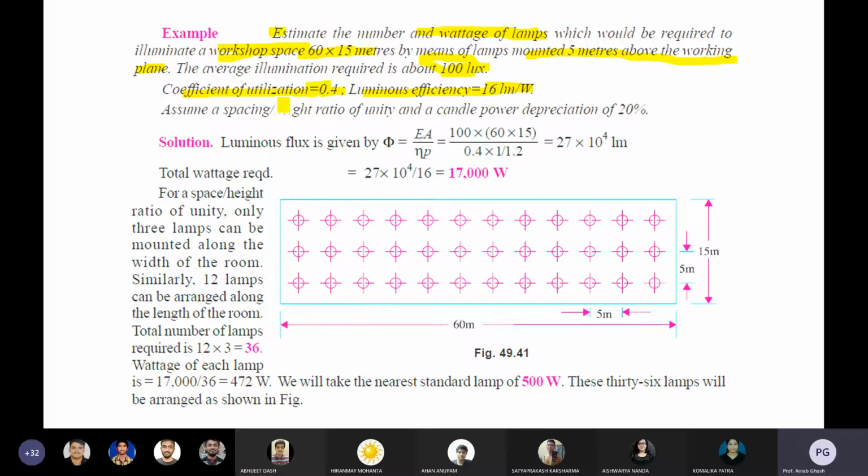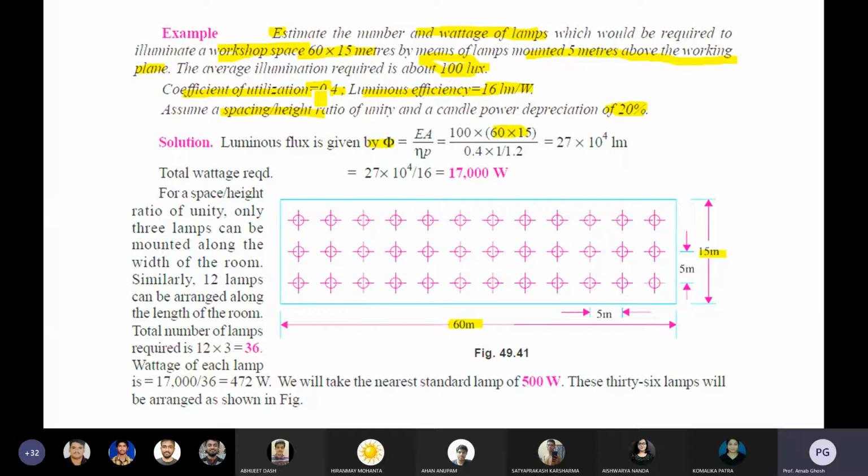So phi you need to calculate. E is already given, 100 lux, and A is 16 into 15. Then the utilization factor is given as 0.4, and for the 20% depreciation the factor is 1 by 1.2.